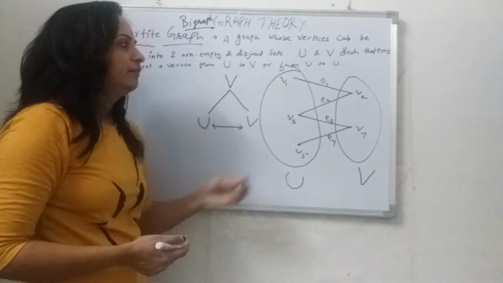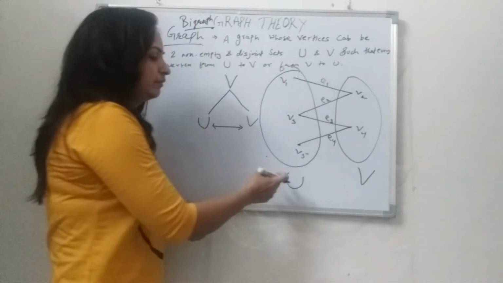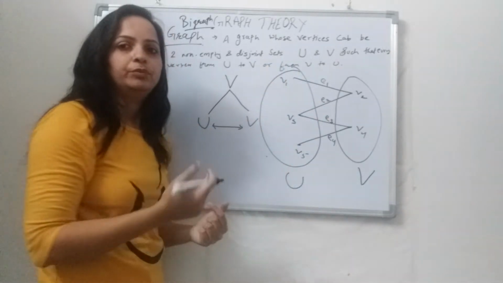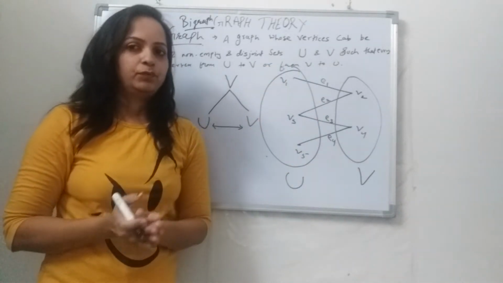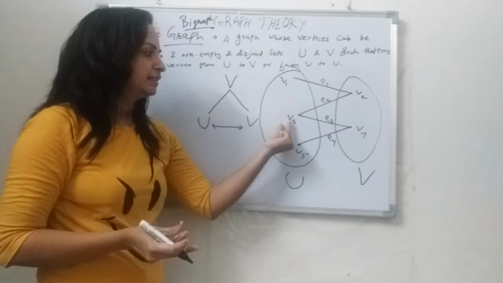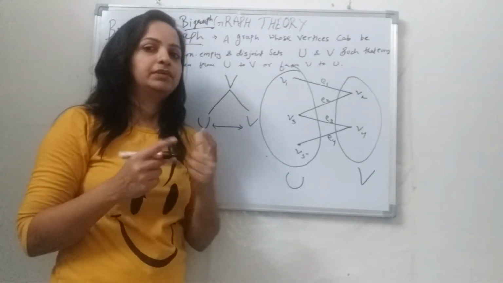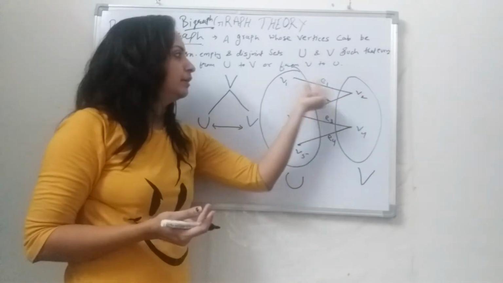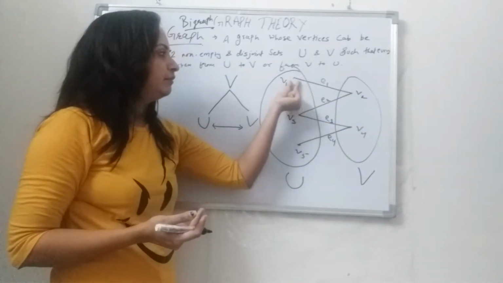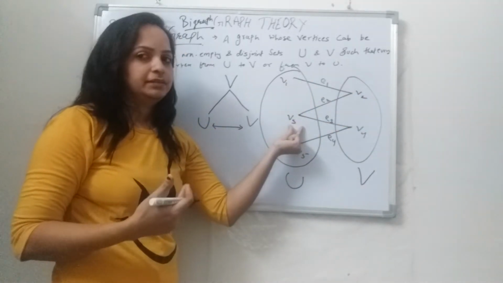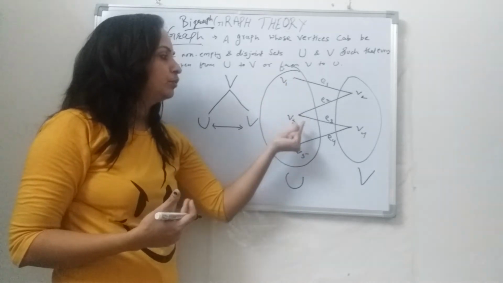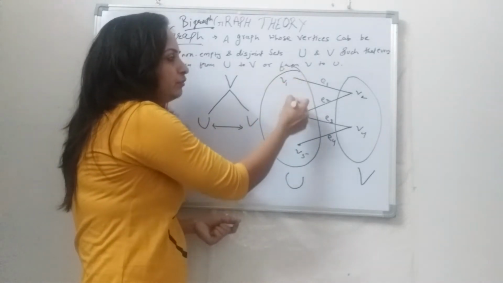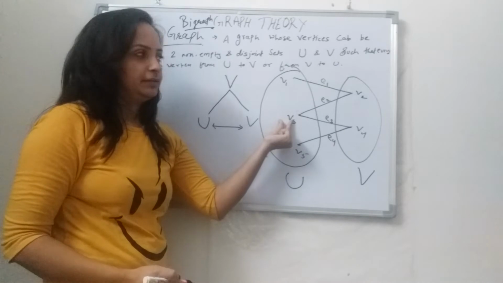In other words, we can also say that vertices in the same set should not be adjacent vertices. What are adjacent vertices? Adjacent vertices are vertices which are directly connected with an edge. So V1 and V2 are adjacent vertices and both are in different sets. But V1 and V3 cannot be adjacent because there should be no edge connecting V1 to V3 in a bipartite graph.